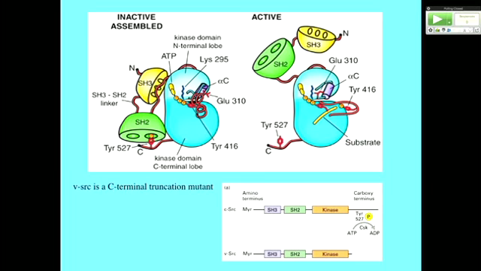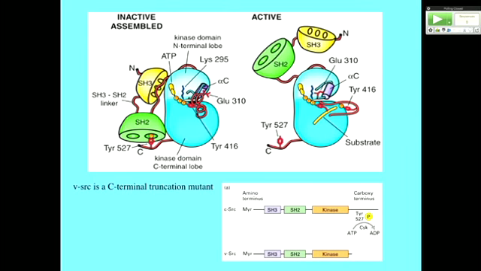If it can't bind the phosphotyrosine, you can't have this folding. And as I mentioned, the unfolded protein becomes active, because the folded structure is inhibitory to the catalytic activity, and the unfolded structure frees the catalytic domain to be fully active.